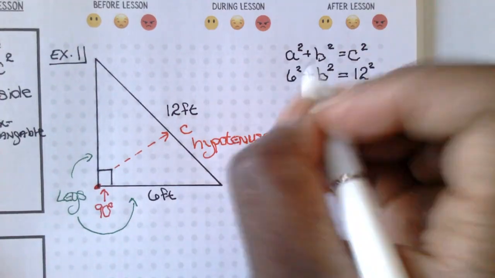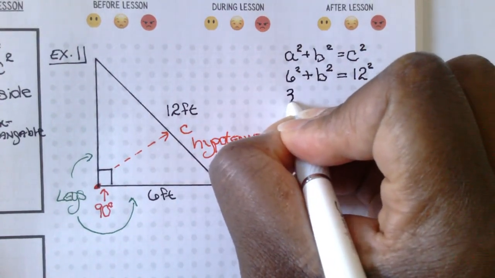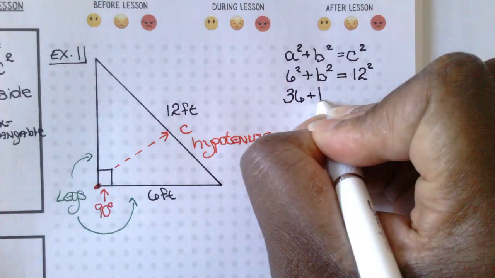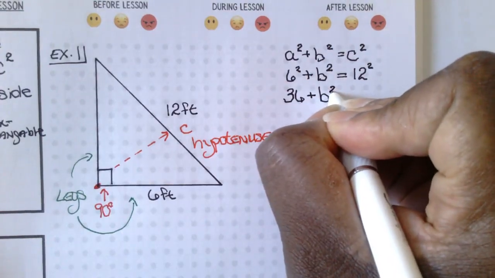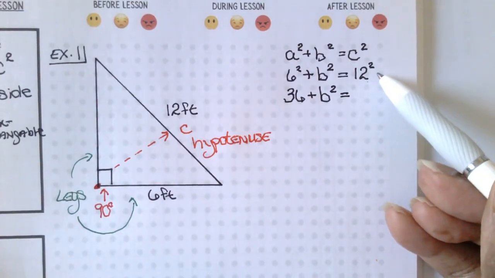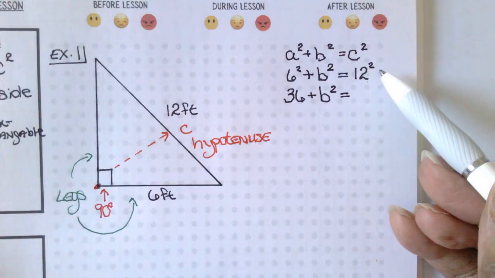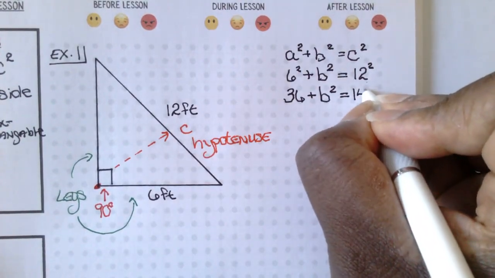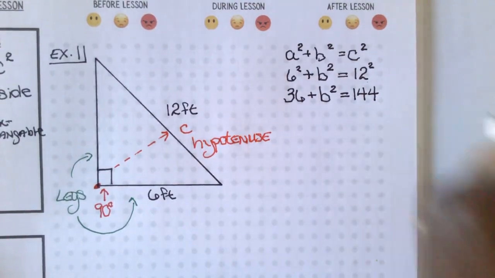And 6 times 6 gives me 36. I bring down my b squared. Now we're going to the 12 squared. So 12 times 12. 12 times 12, that's one of those perfects, which gives us 144.